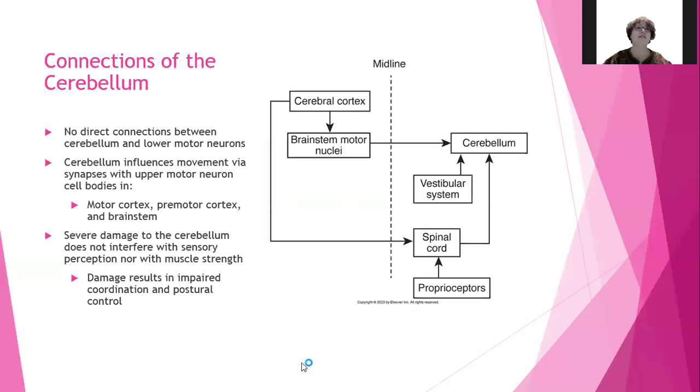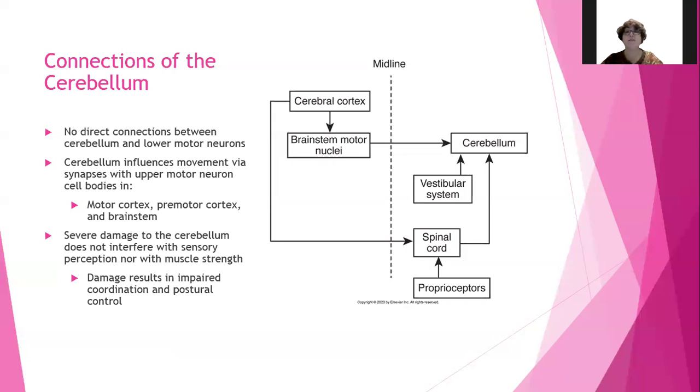So the cerebellum, like I said, has no direct connections with the lower motor neurons. The cerebellum influences movement via synapses with upper motor neuron cell bodies in the motor cortex and the premotor cortex and the brain stem. So if you have damage to the cerebellum, even severe damage, it doesn't interfere with sensory perception or muscle strength.